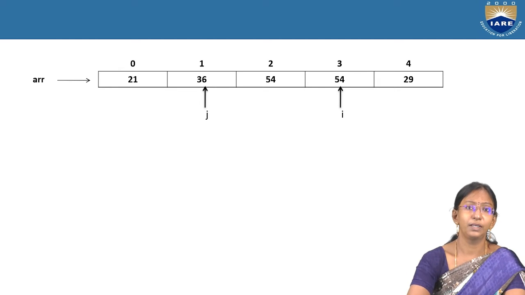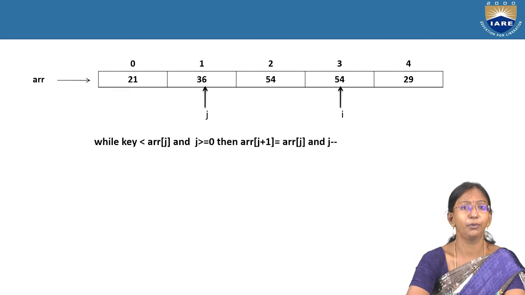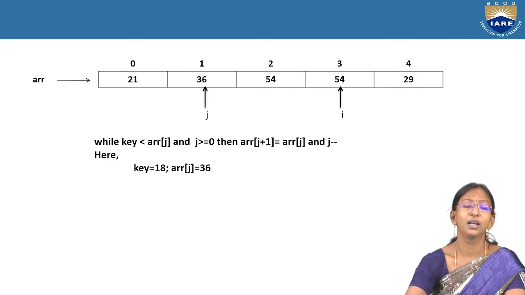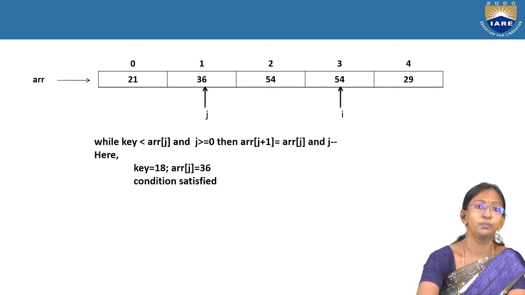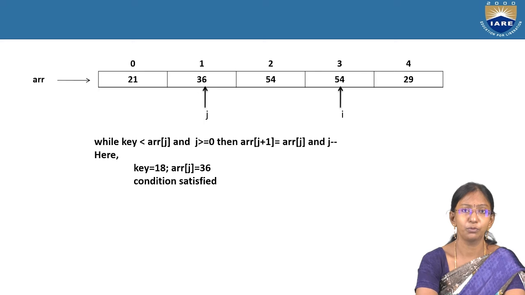So again, let's go for a comparison. Is key less than the element pointed by j? Key value is 18 and the element pointed by j is 36. It's clearly evident 18 is less than 36. The condition is satisfied, so copy the element in the jth position into the j plus 1th position.